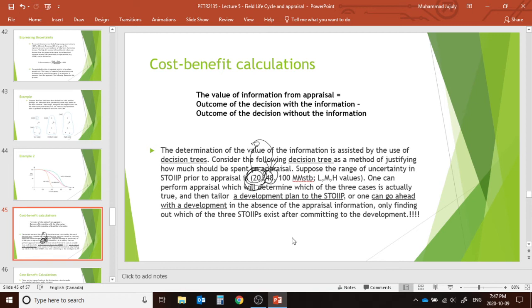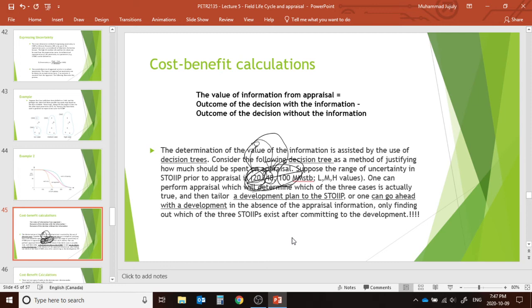Or even worse, you have designed the facility for 20 but you got 100. That's even worse. So what can we do in that case? Should we do more appraisal, or just start developing? What should we do? And if we want to do the appraisal, then how much money maximum should we invest for the appraisal?